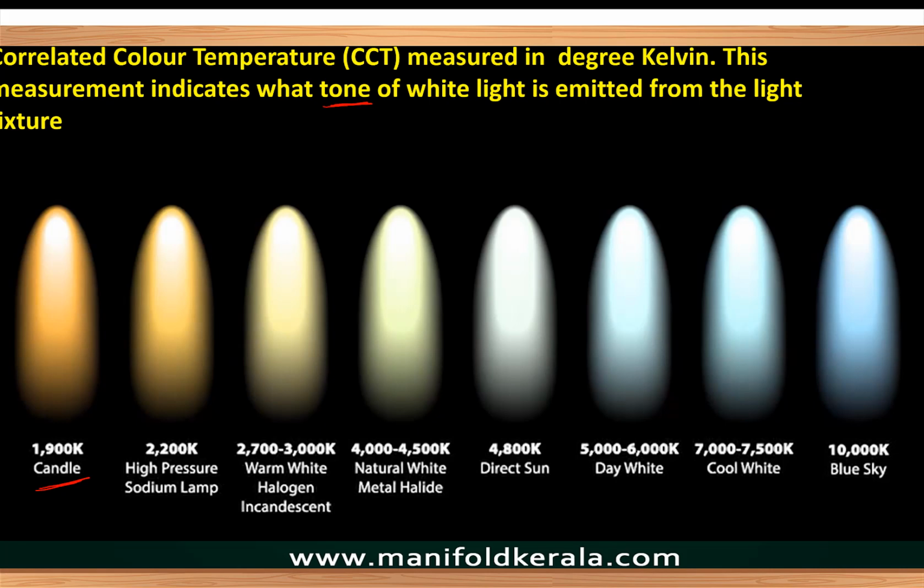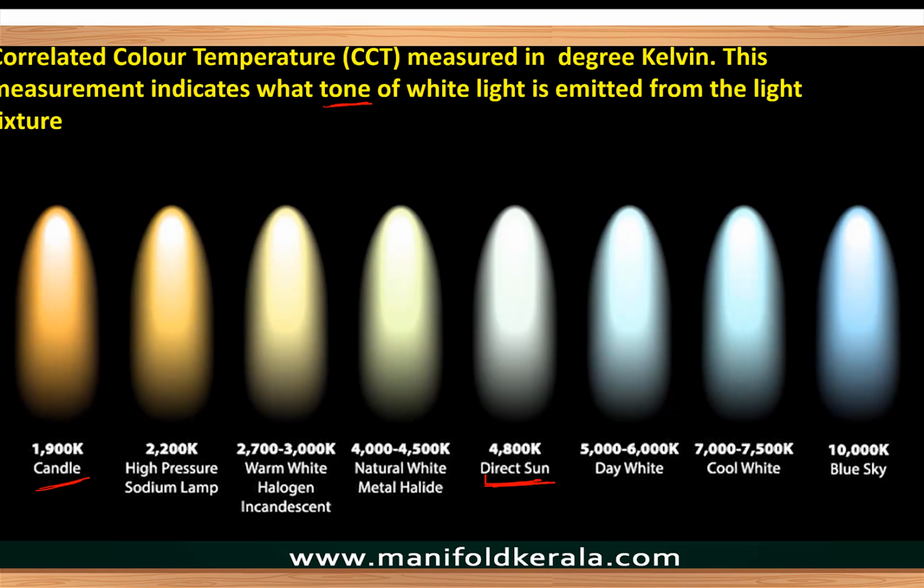When the CCT, that is correlated color temperature, increases, you can see in the images the light is turning from yellow to white. Natural white, and direct sun is giving the CCT value of 4800.